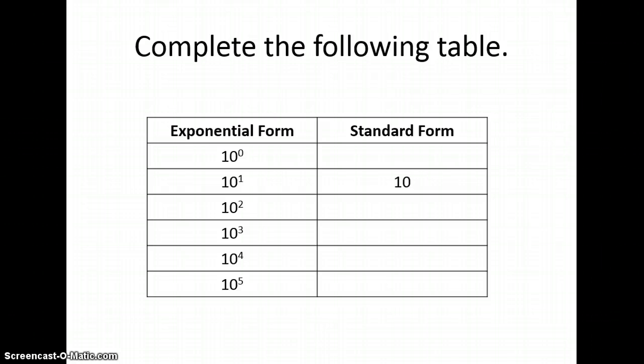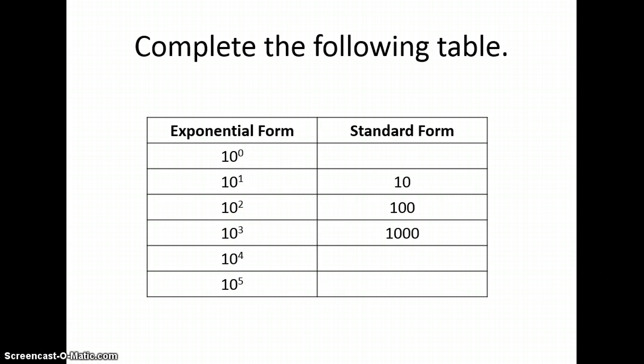And everyone knows 10 times 10 is 100. 10 to the third power is 10 times 10 times 10. Well, 10 times 10 is 100 times another 10, that gives me 1,000. If you'll notice, every time I raise 10 to a new power, I am simply adding on 1 zero, or putting the same number of zeros after the 1 as indicated by my exponent.